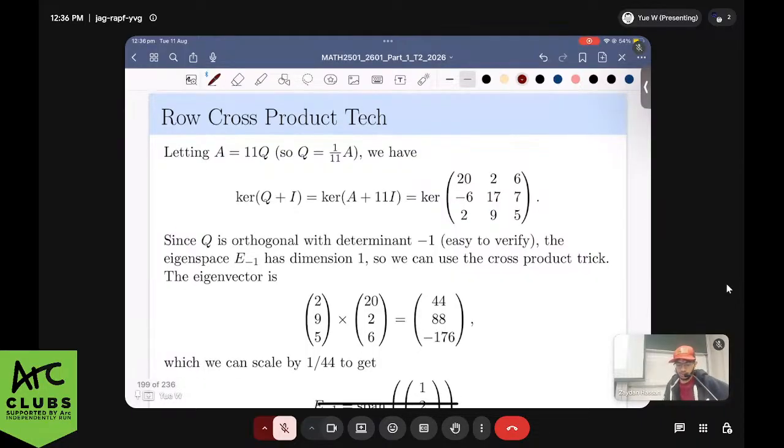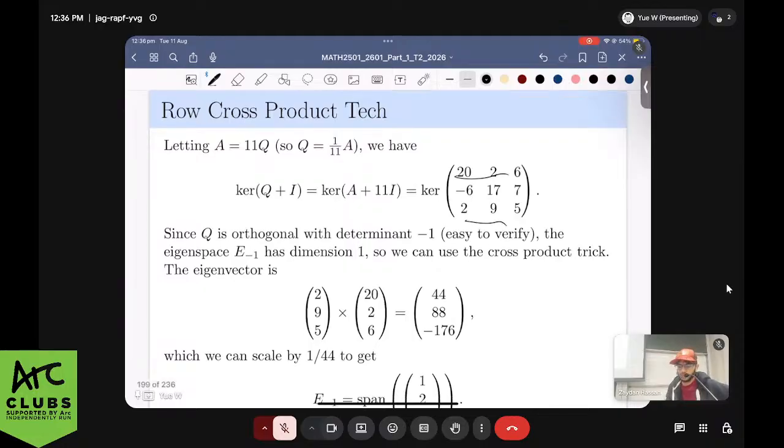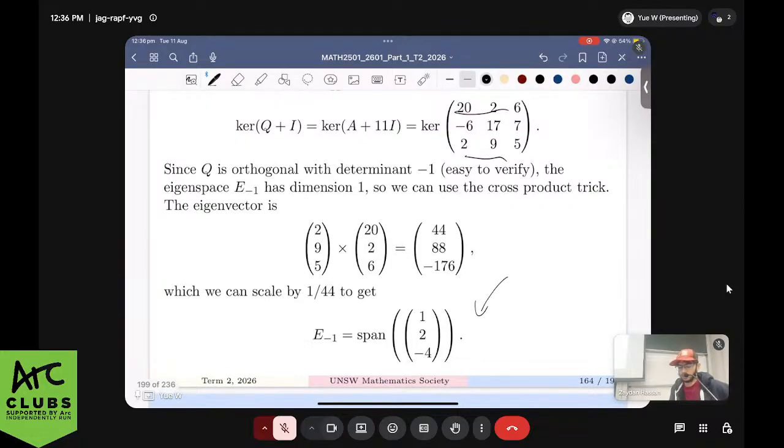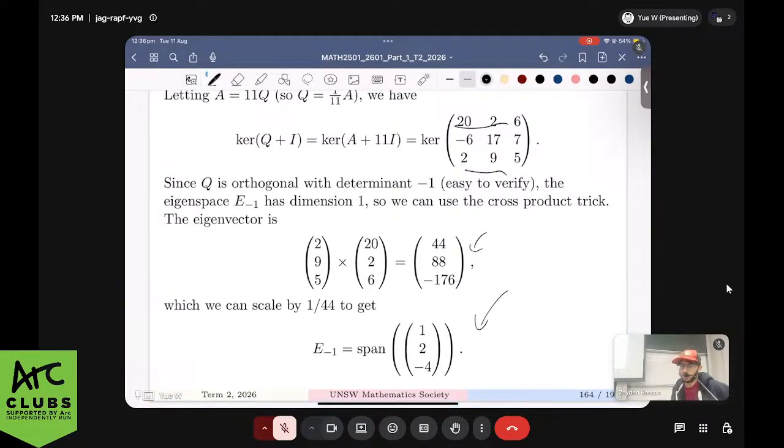So here I chose this last row and the first row. The numbers are still kind of annoying, but it might be better than having to do row reduction, because you only have to do a few multiplications here. Then you can scale this to get this here. So this vector is orthogonal to the rows, so it will be in the kernel, and that would be the eigenvector.